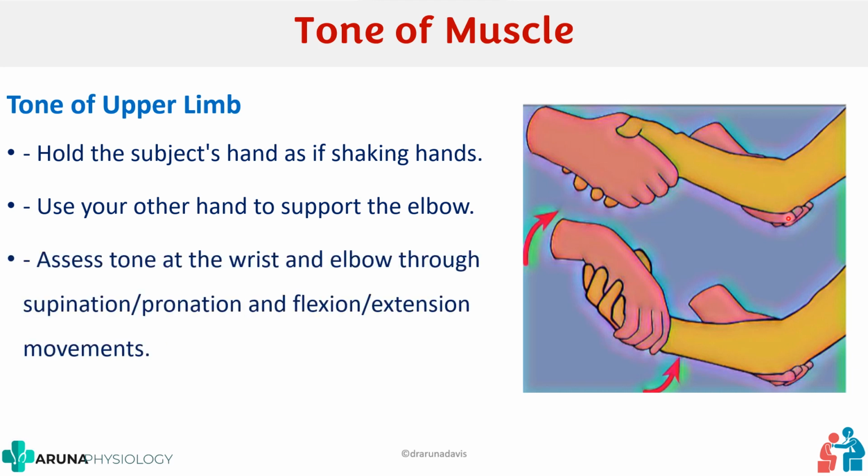And then you can assess the tone at the wrist and elbow through supination, pronation, and flexion extension movements. So first hold it as if you're going to shake the hand, and then give a supination, pronation movement at the wrist and flexion extension, and then at the elbow joint also you can do the flexion extension. So like that you can check the tone of the upper limb. Remember, you have to do it on both the upper limbs, both right and left.